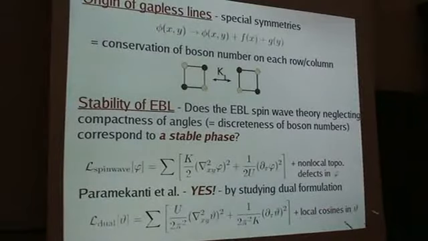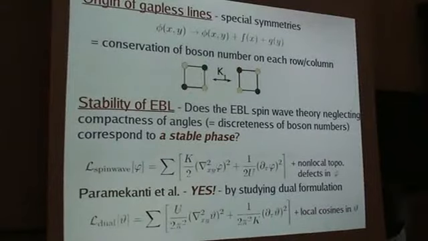But now in this dual formulation, allowing these non-local topological defects corresponds to some local cosine terms, and then one can use local field theory techniques to study the stability to such terms.